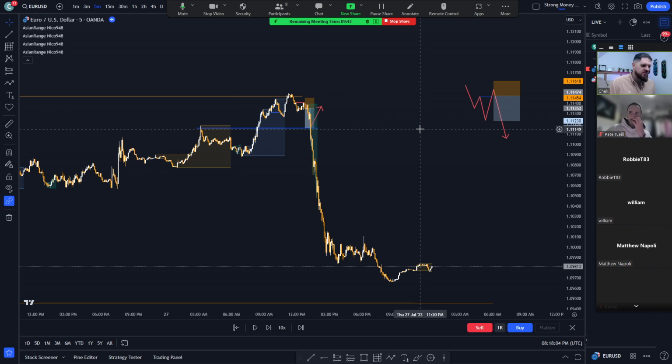That means you've got to write out rules, learn rules, adapt rules to your personality and your schedule, and then take those rules and test them over and over again in live markets. In not live markets, what's the opposite of live? Dead markets. Demo, yeah, demo. You've got to backtest it.